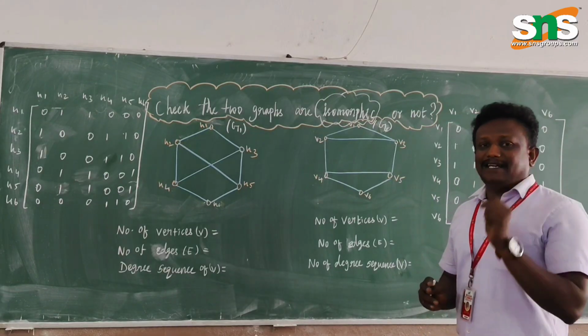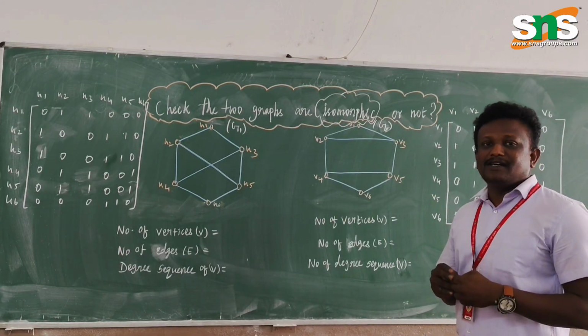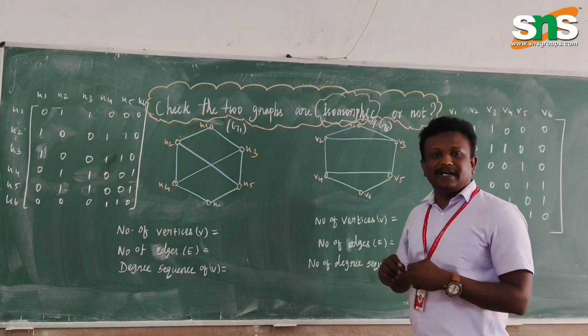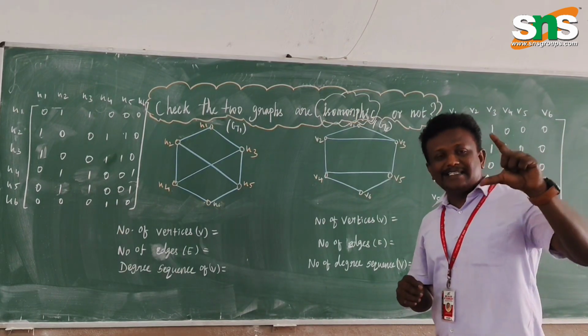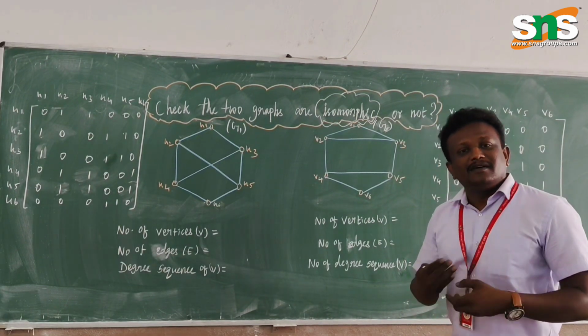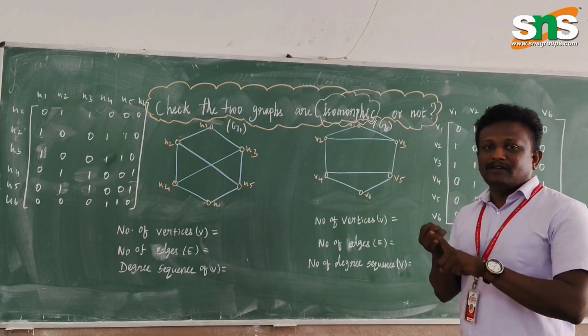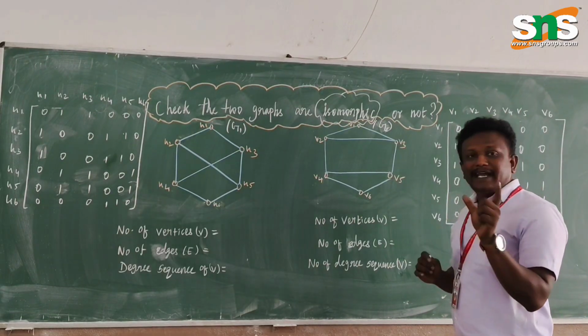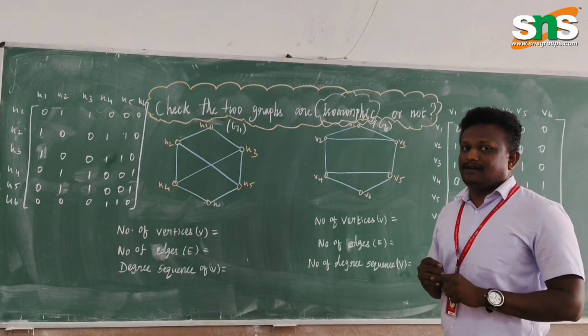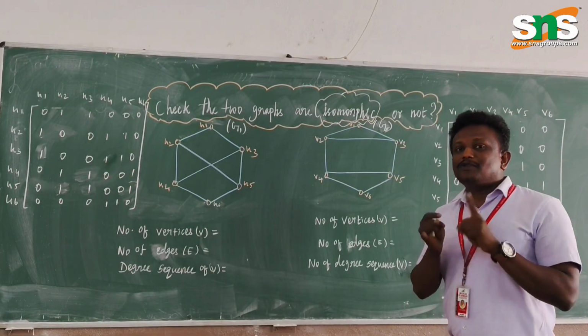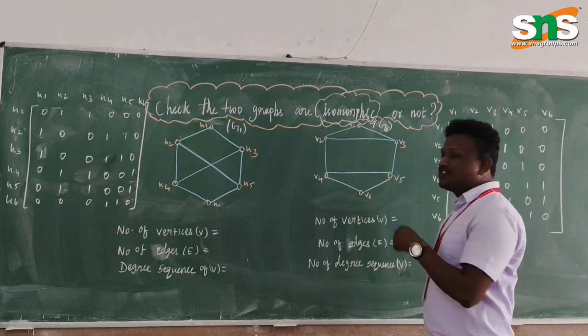To check that, we have several conditions. If both graphs satisfy these conditions, then they are called isomorphic. What are the conditions? Condition 1: both graphs should have the same number of vertices. Condition 2: both graphs should have the same number of edges.